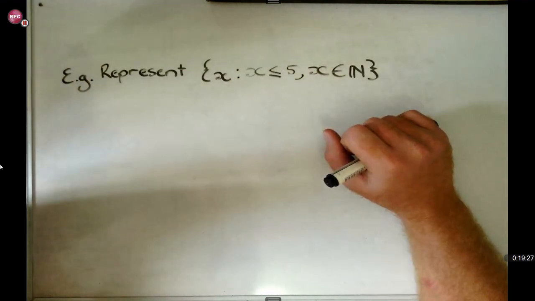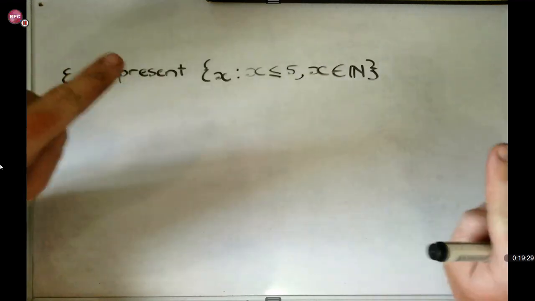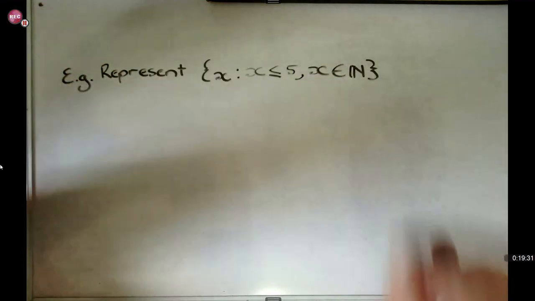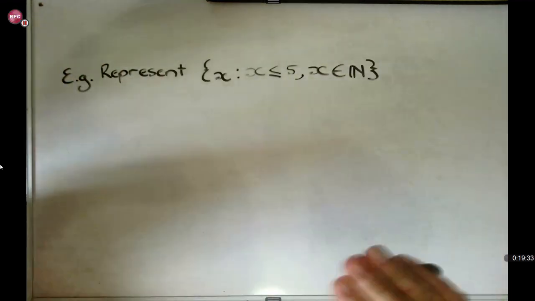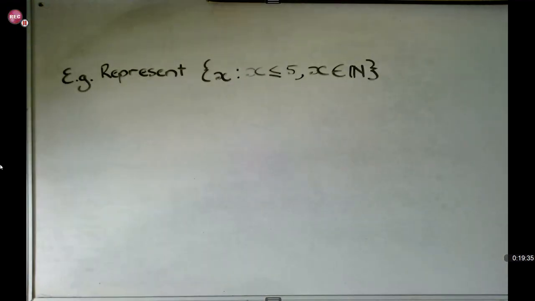So, like the first question where we drew the line, you are not going to draw a line at all, because natural numbers only focus on numbers that are counted in multiples of 1. So 1, 2, 3, 4, 5.